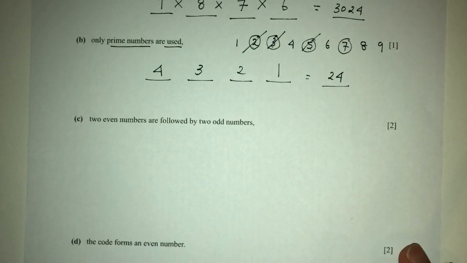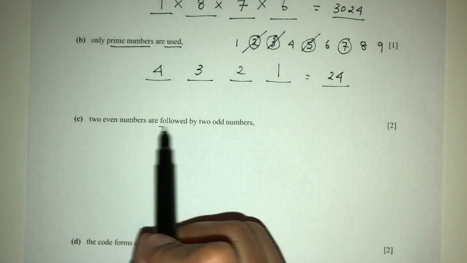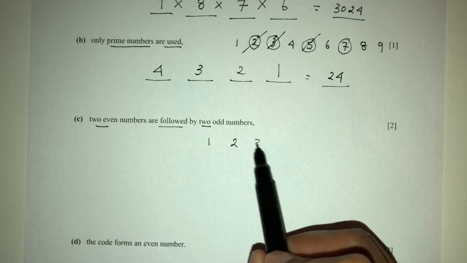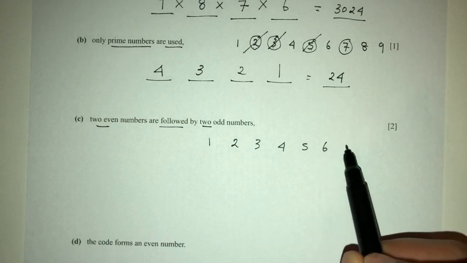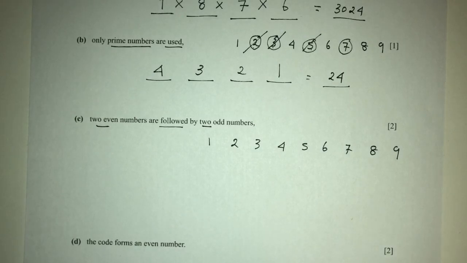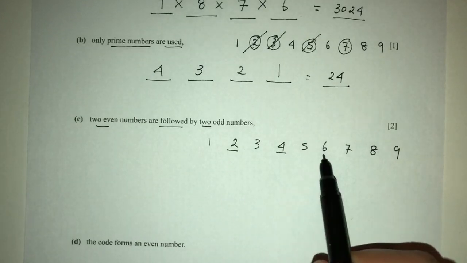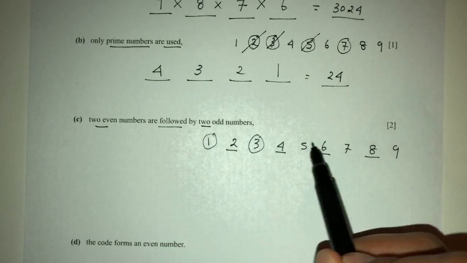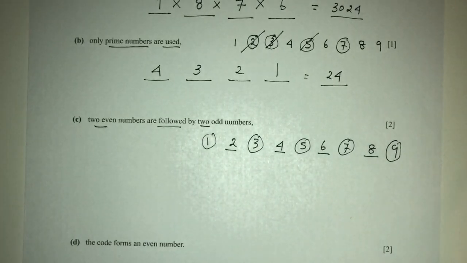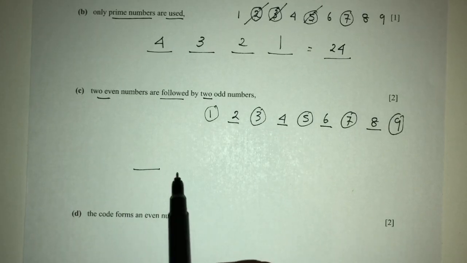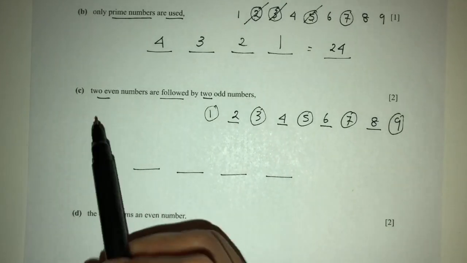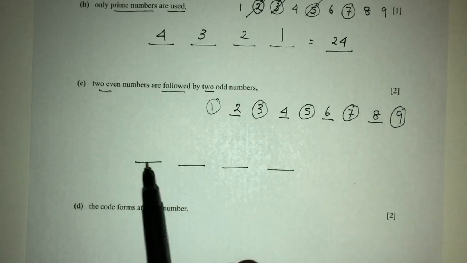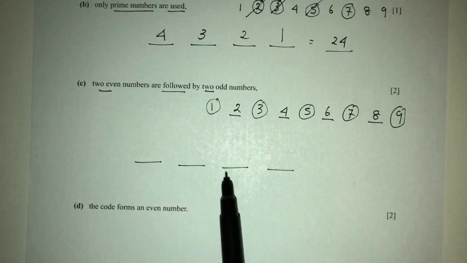Now for part C, 2 even numbers followed by 2 odd numbers. So we have again 1, 2, 3, 4, 5, 6, 7, 8, 9. These are the even numbers, and we have odd numbers here, as you can see. Okay, so again, make the 4 spaces. We need 2 even numbers followed by 2 odd numbers, so we can only place the even numbers here and then followed by 2 odd numbers.